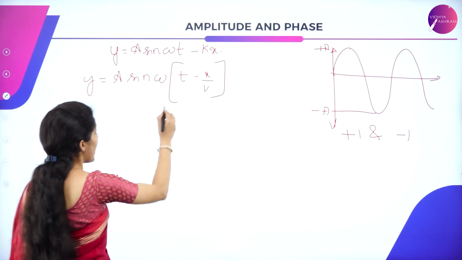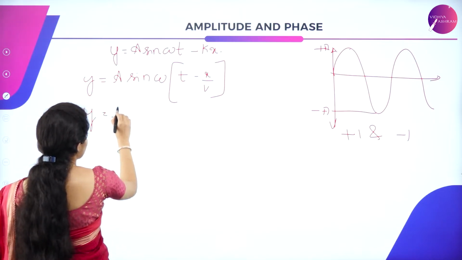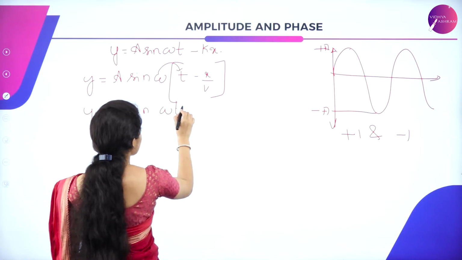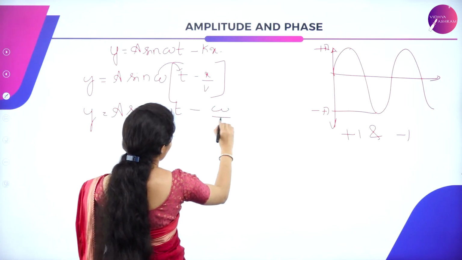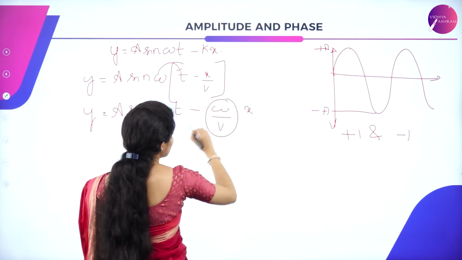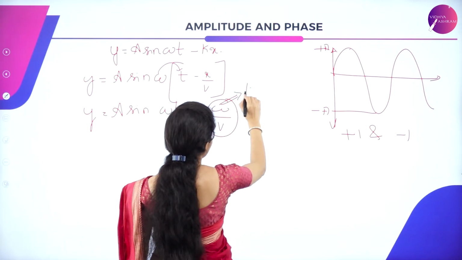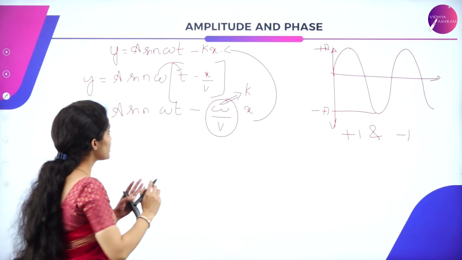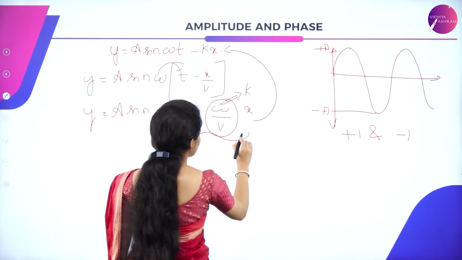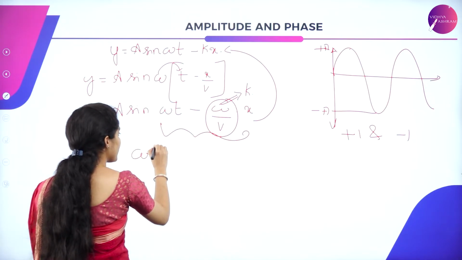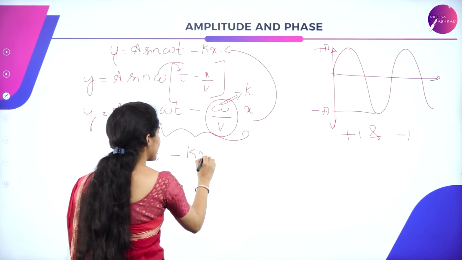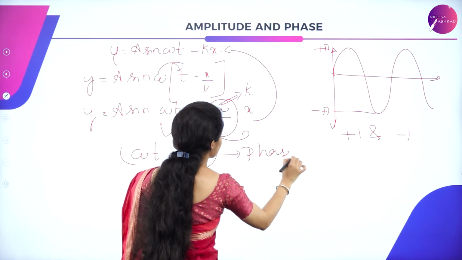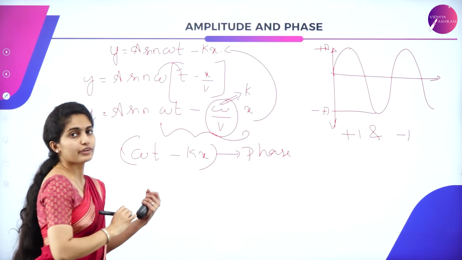Having this concept, we have y is equal to a sine omega t minus omega by v into x. So this omega by v is considered to be k, which is the equation above. Now just considering this term, omega t minus kx, it is considered to be the phase of a wave.